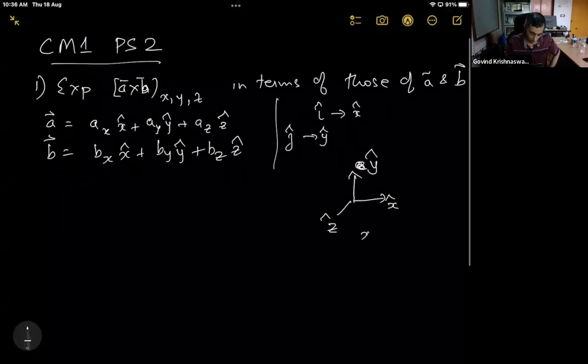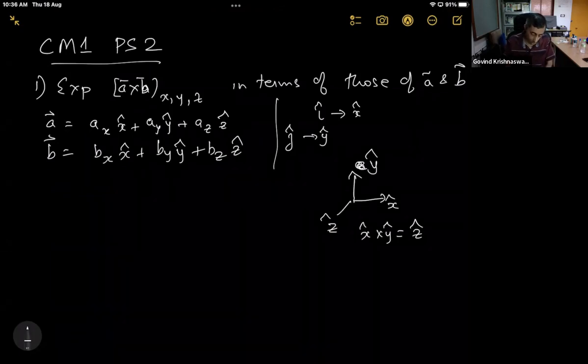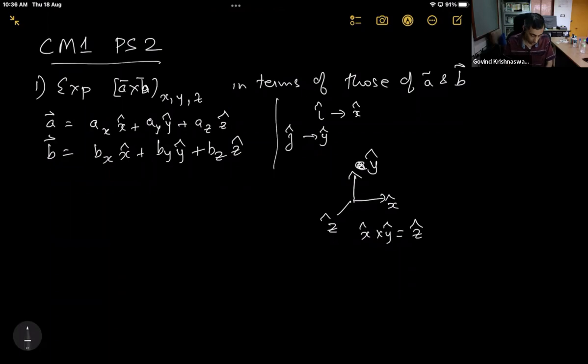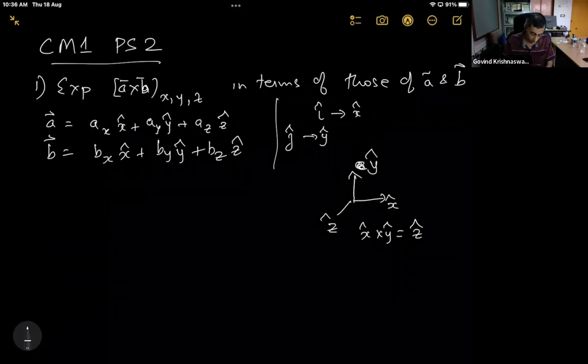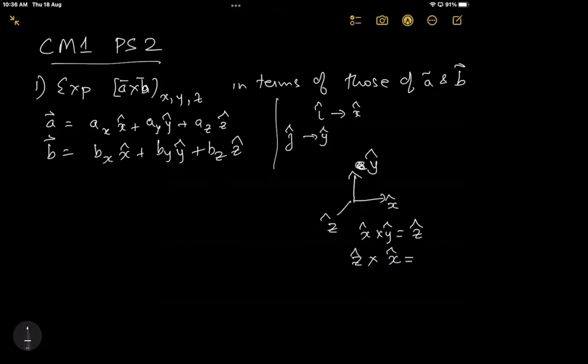The cross product of x with y is z hat. From this picture we can also deduce a couple of other formulae. For instance, suppose I take z and take its cross product with x. Well, what is it? So y hat.